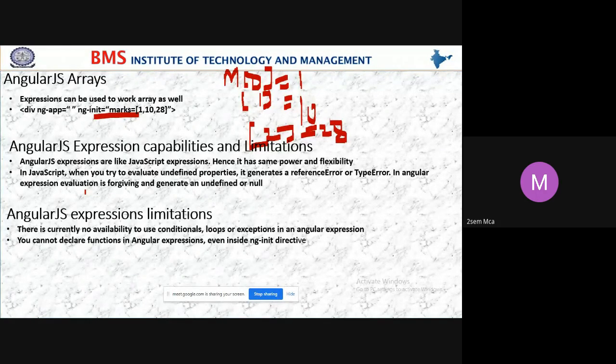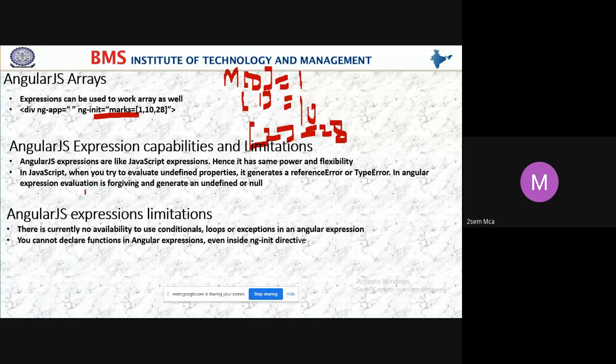Correct, no, students? In any programming language, if I don't declare a variable a, and I want to use that variable a in the logic or in the program, will you get output? No, right? Definitely we will get a warning or error that the variable is not defined.